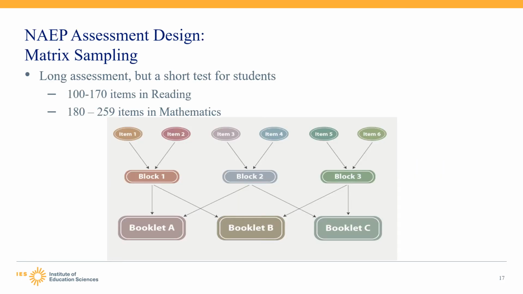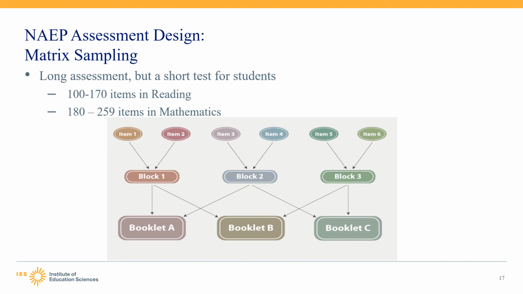One method used to construct each NAEP assessment is metric sampling. Metric sampling is a sampling plan in which different samples of respondents take different samples of items. The number of cognitive items developed varies by subject and grade.